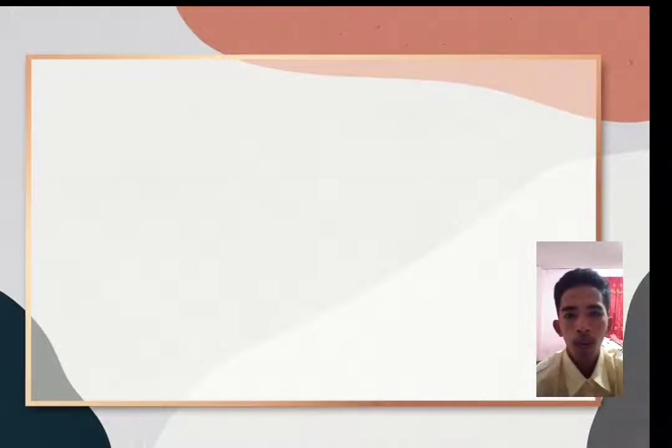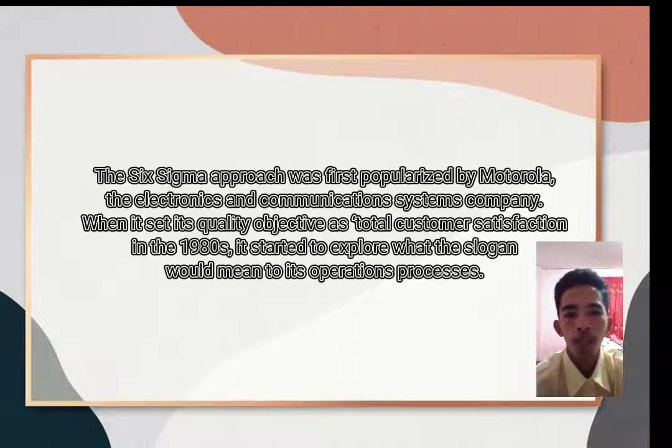The Six Sigma approach was first popularized by Motorola, the electronics and communication system company, when it set its quality objective as total customer satisfaction in the 1980s. It started to explore what the slogan would mean to its operation processes.